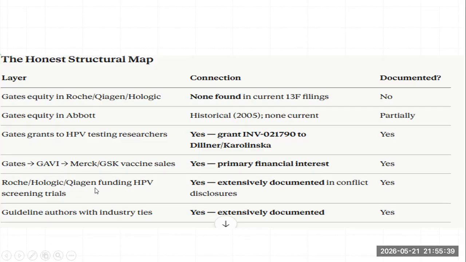Roche, Hologic, Qiagen have funded HPV screening trials. Gates through Gavi has benefited Merck and GSK because they are responsible for making the vaccines. Bill Gates has given huge funding to this. So there is a lot of conflict of interest, and we as doctors should rise above and understand what basically needs to be done.